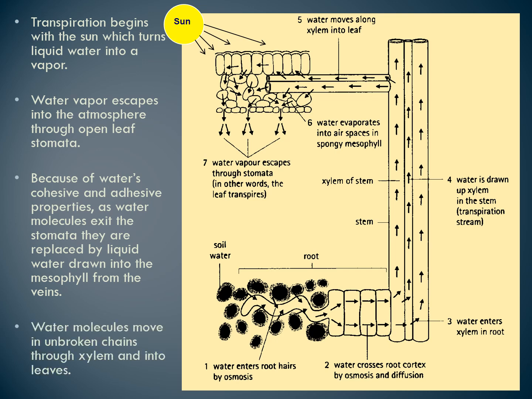Water molecules move in unbroken chains through the xylem and into the leaves. Basically what's happening is as the water vapor exits through those leaf stomata, that process that we call transpiration is pulling additional water molecules from the veins of the leaf into the cells where the water was lost.